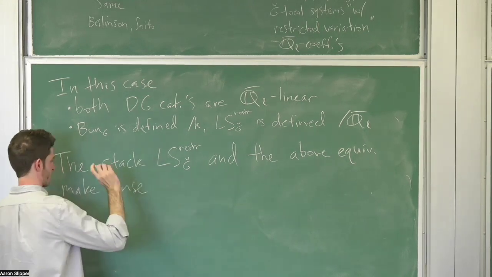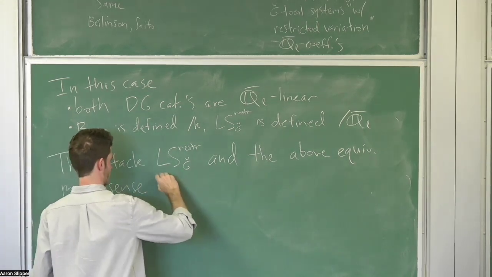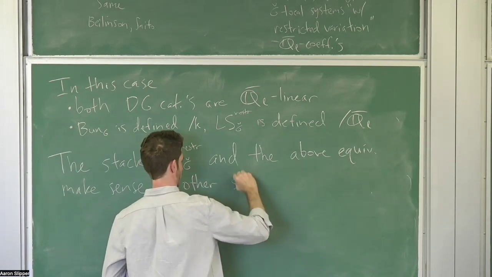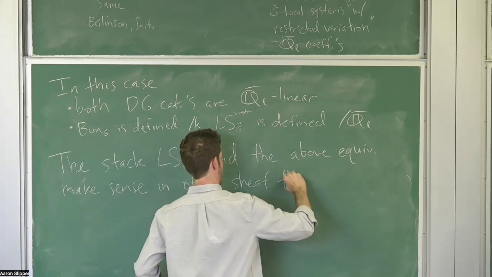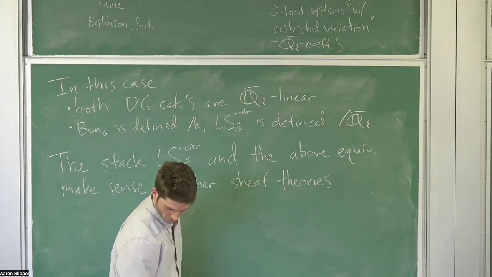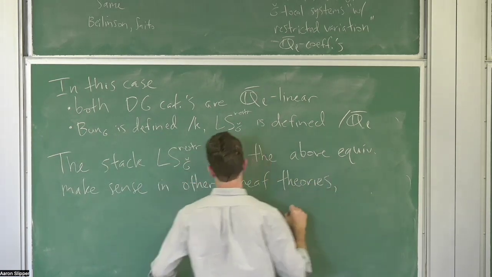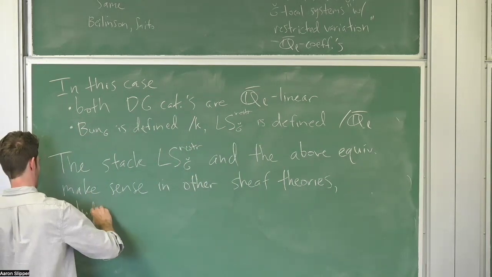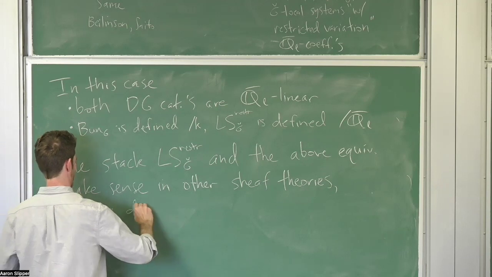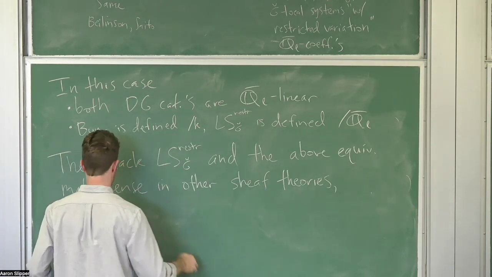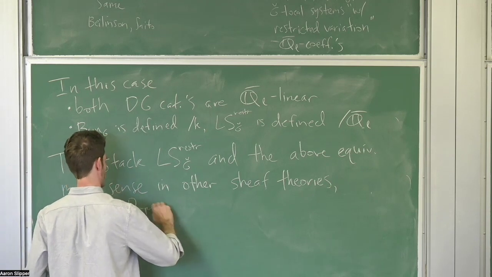Let me not try to make any formal statement here, but just say in other sheaf theories, in particular the ones that appeared previously, including de Rham, meaning D-modules, I guess, and Betti sheaves.